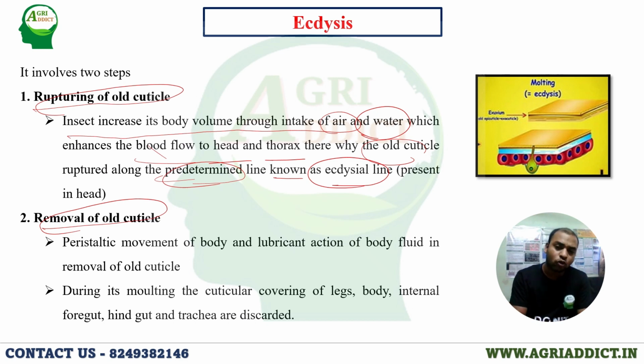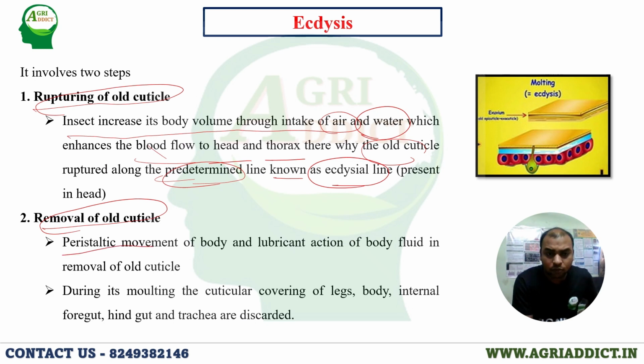As I have told you before, there is a line called the ecdysial line in the head region. Due to the blood flow to this ecdysial line, the old cuticle is ruptured there.